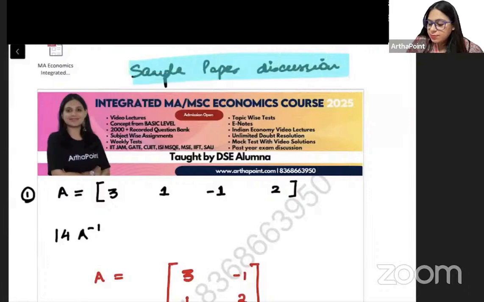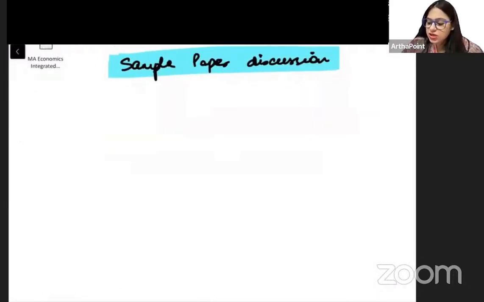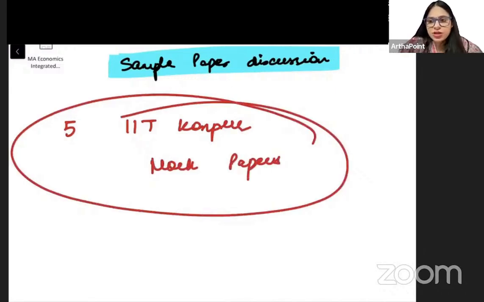But before I start the sample paper discussion, I want to highlight that for all of you who have enrolled with us this entire session, I have uploaded 5 IIT Kanpur mock papers, and all of you have to make sure that you practice them.